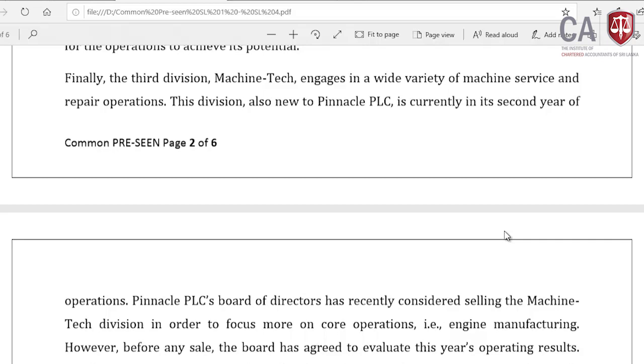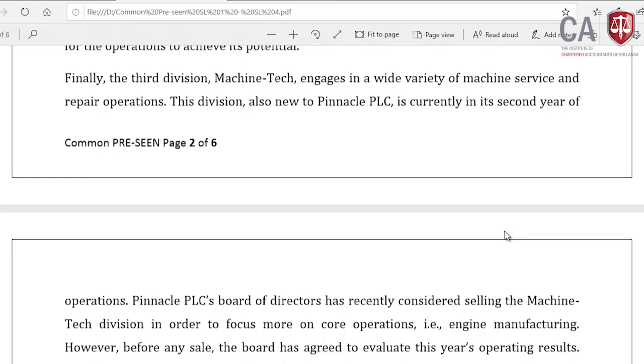Pinnacle PLC's board of directors has recently considered selling the Machine Tech division in order to focus more on core operations. So, recently they have made a decision. What decision have they made? They have decided to sell the Machine Tech division in order to focus on more core operations.